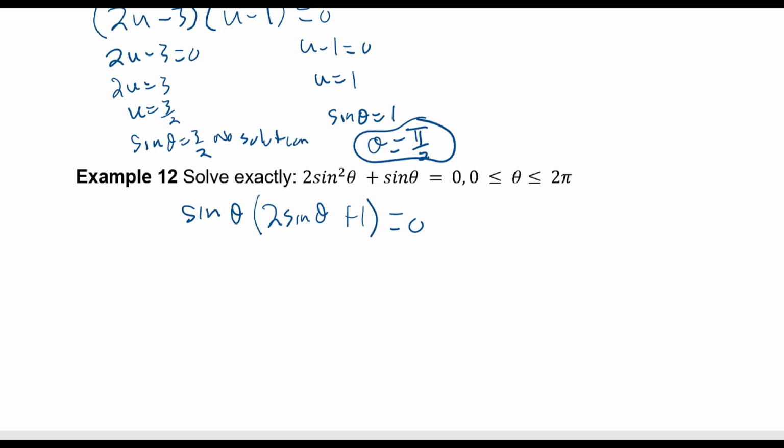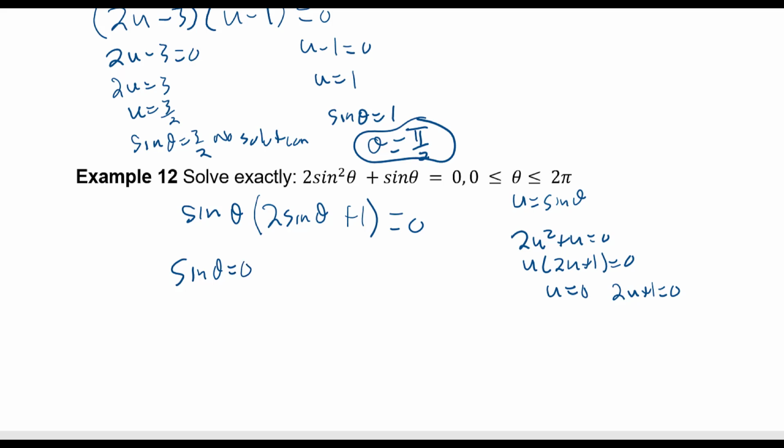If it helps, we could have just said u equals sine theta. It had 2u squared plus u equals 0. So u times 2u plus 1 is 0. So where is u equal to 0? And where is 2u plus 1 equal to 0? So again, where is sine theta equal to 0?